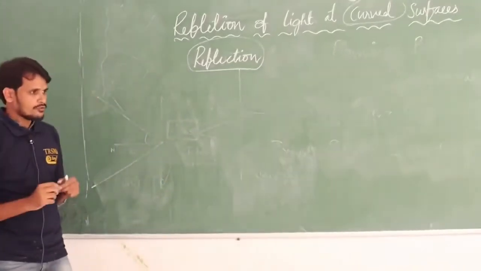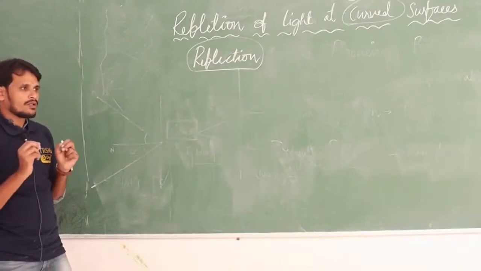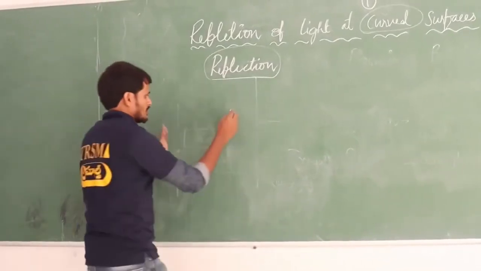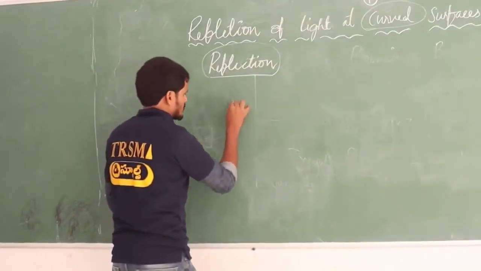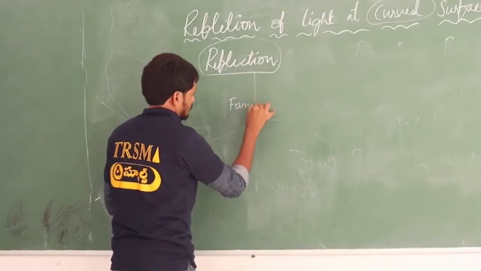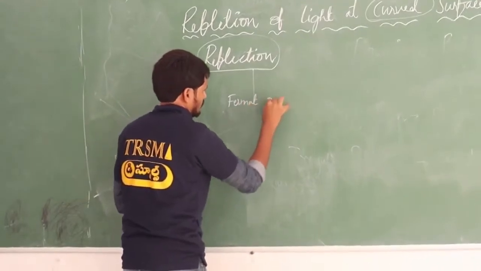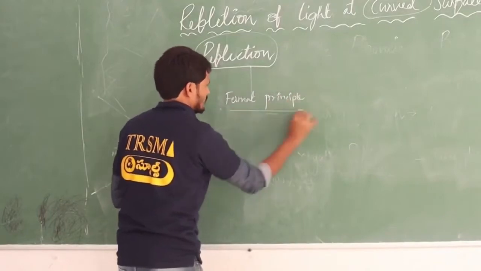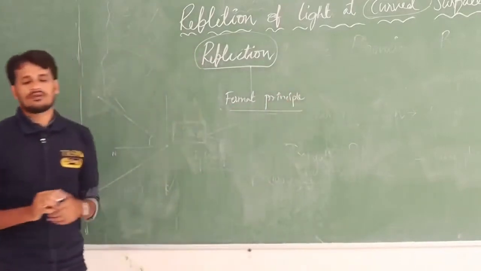Now I am introducing one more principle here. Maybe you studied this principle in 8th class. That one is known as Fermat's principle. Before explaining curved surfaces, listen once again to what Fermat's principle is.